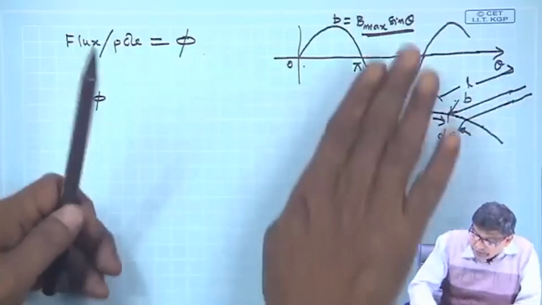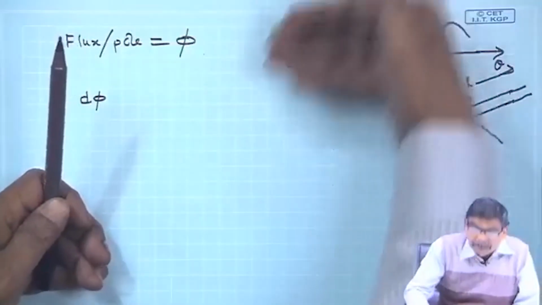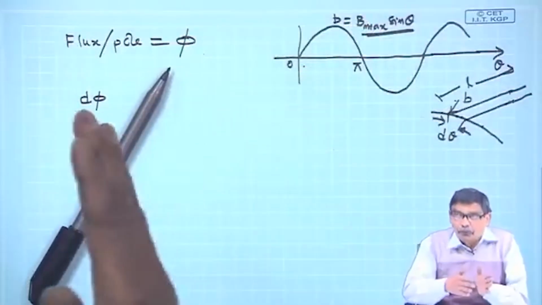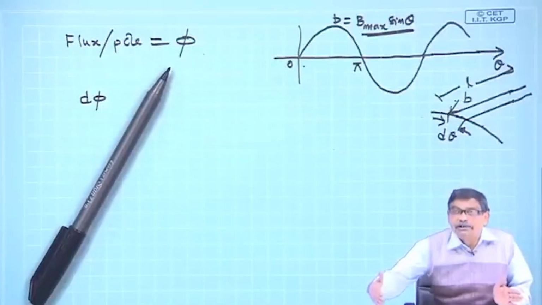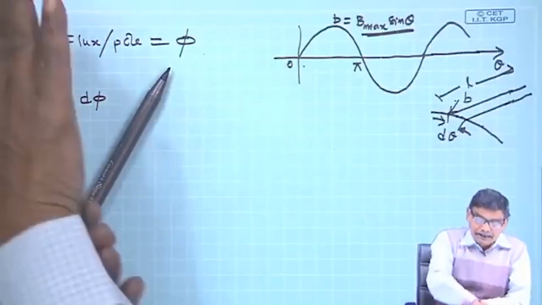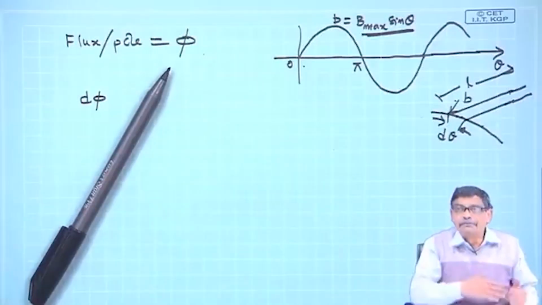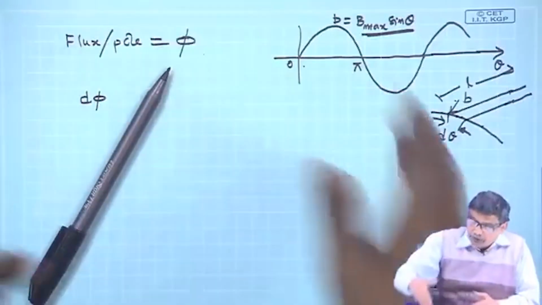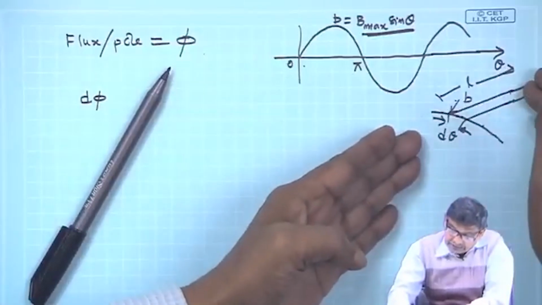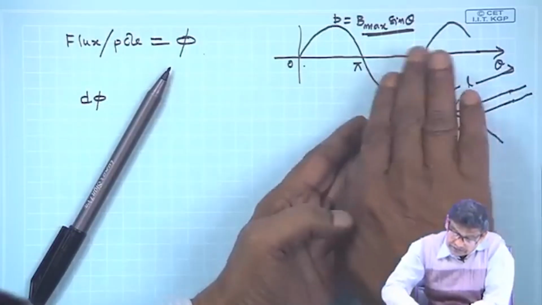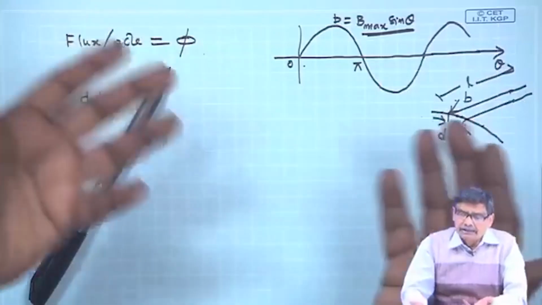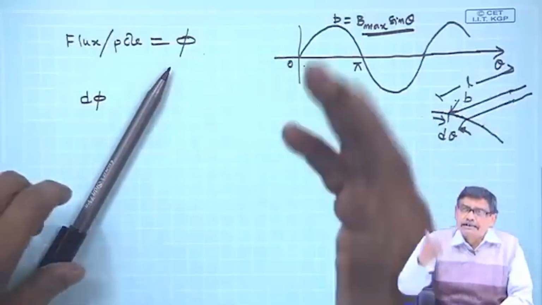This B distribution, in the sectional view, is like a wave spanning over the length L, like water waves in seas. All along the length at a particular position, it will have either a trough or a crest or any instantaneous value.